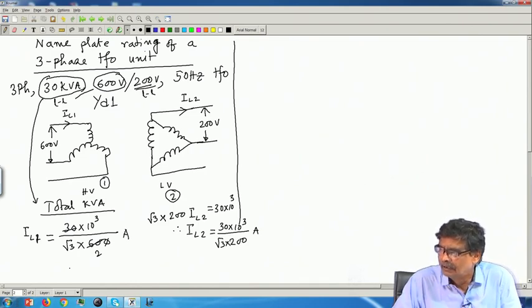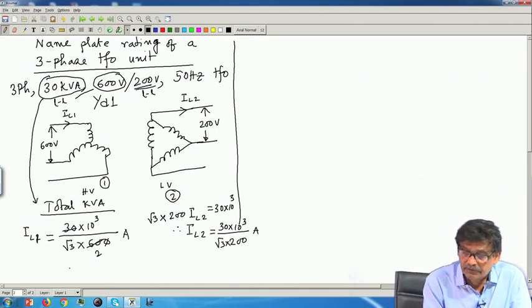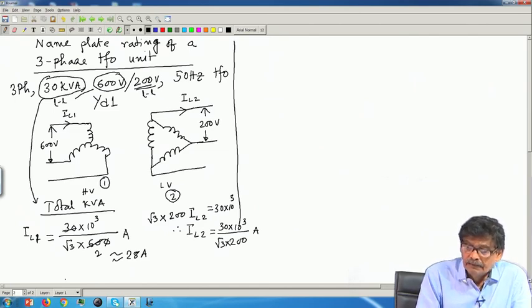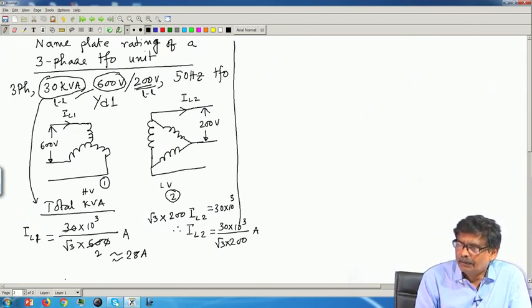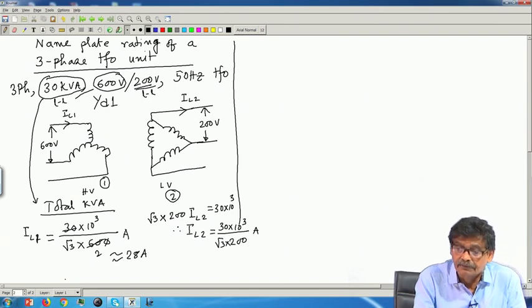This one, say approximately 28 ampere or so, correct. 1000 by... I do not think it is more than that. So, these currents I will be able to calculate, I will write it down.